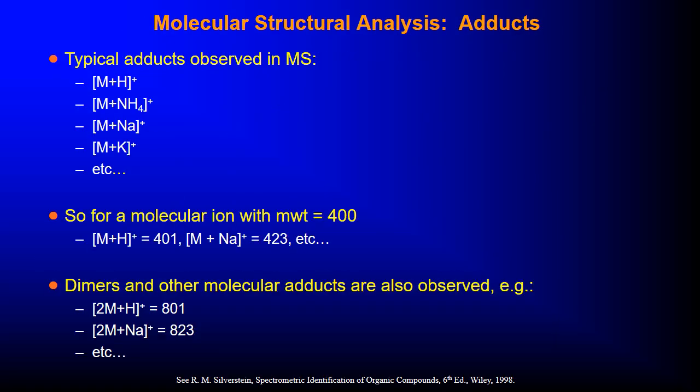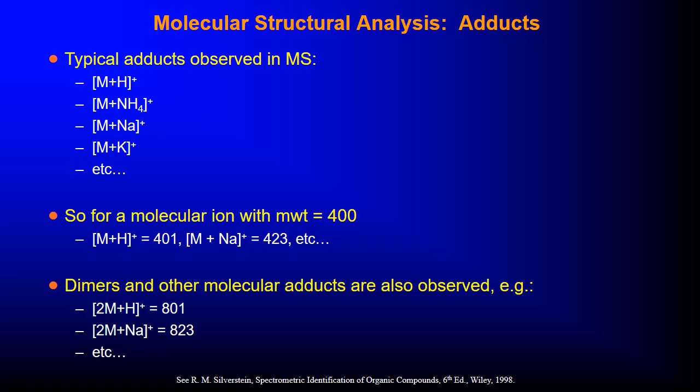Molecular adducts: typical adducts observed in a mass spectrometer. You can see the adducts there: a molecule plus hydrogen, a molecule plus ammonium, a molecule plus sodium, a molecule plus potassium.